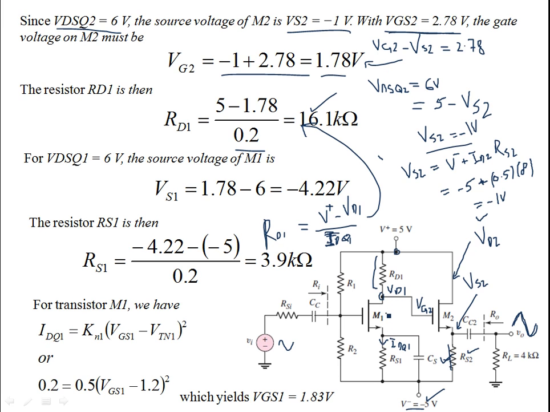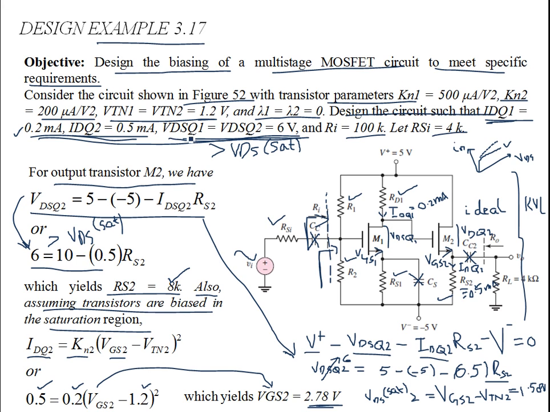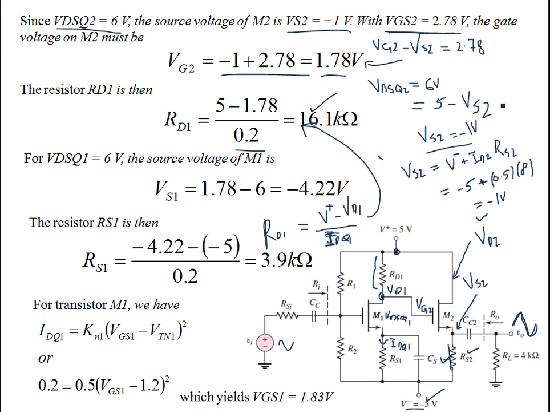Now you see we have VD1. So we know VDSQ. VDSQ1 is again 6 volts, that is the requirement. So VDSQ1 and VDSQ2 are 6 volts. The source voltage of M1 can be found as such. VDSQ1 is the difference VD1 minus VS1, and that is 6 volts.